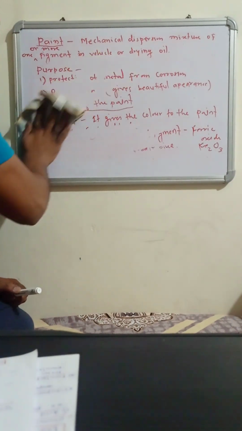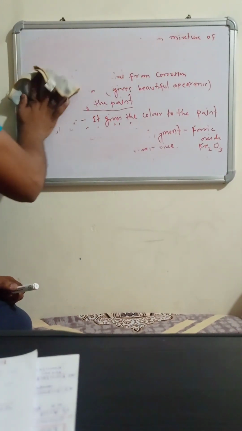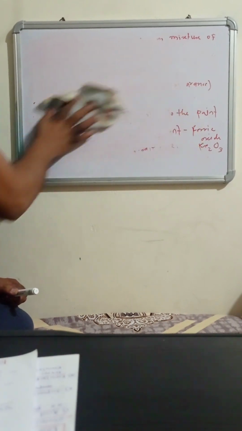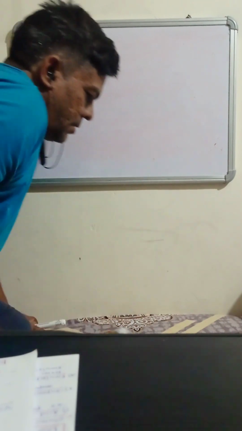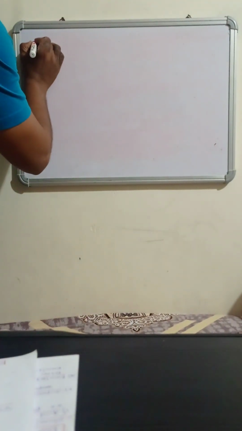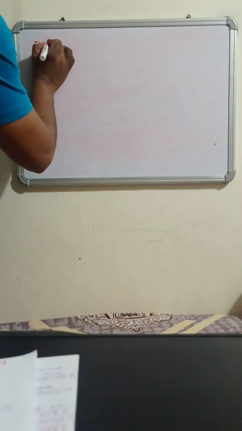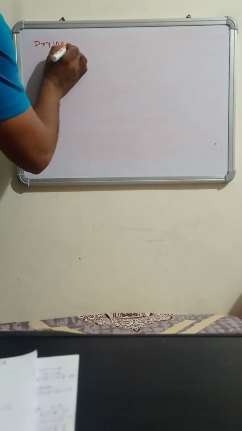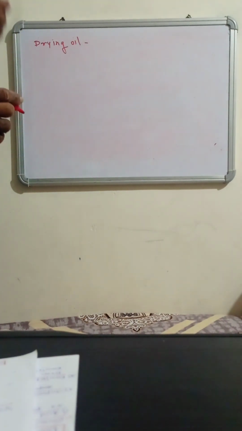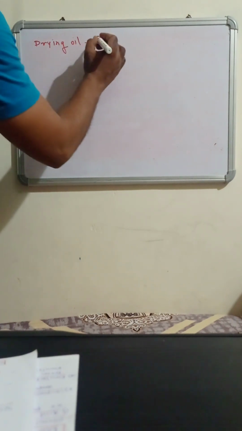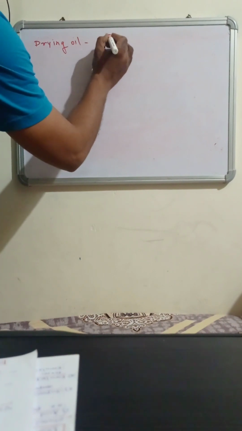Second ingredient of the paint is drying oil, or it is also called as vehicle. So drying oil is the film forming constituent of the paint.